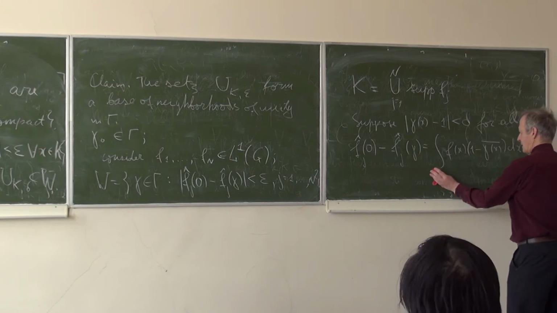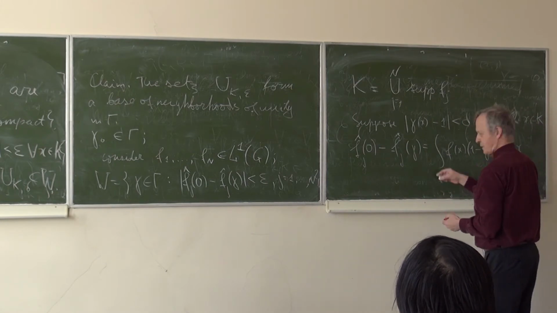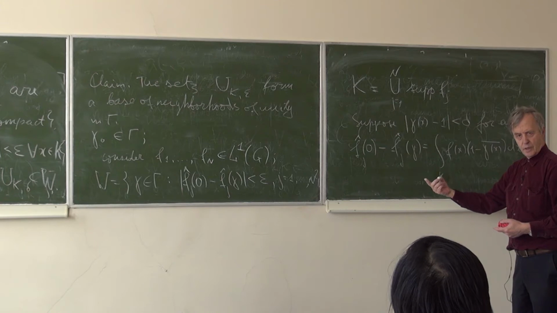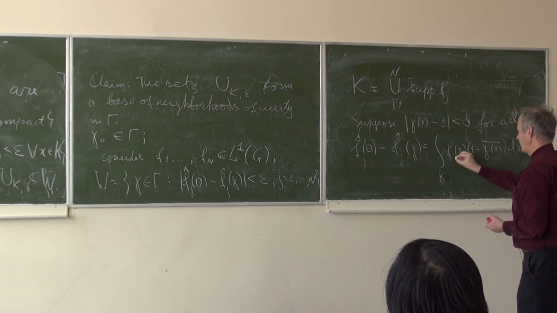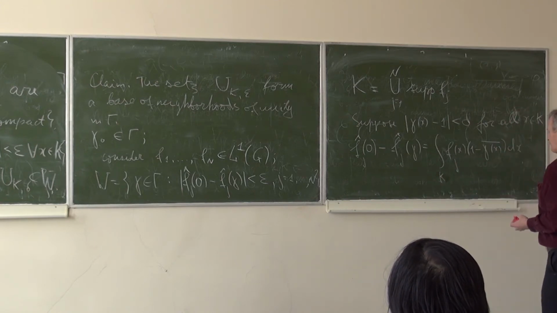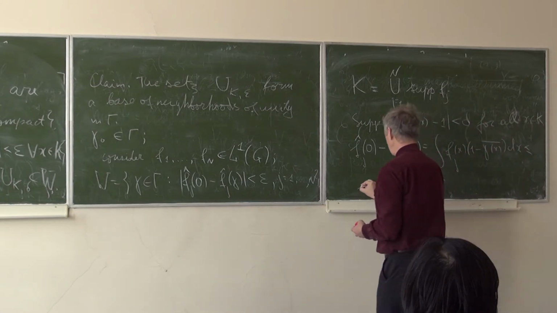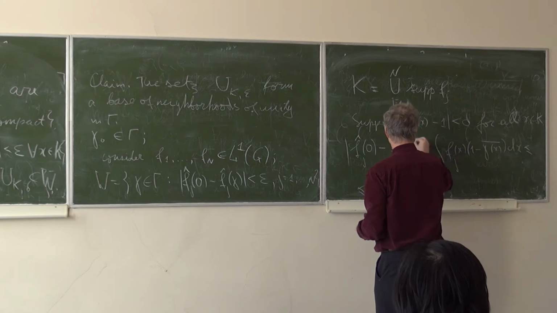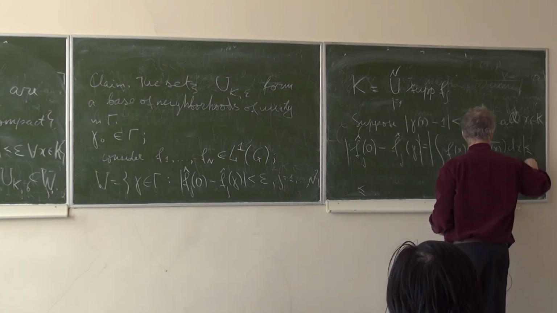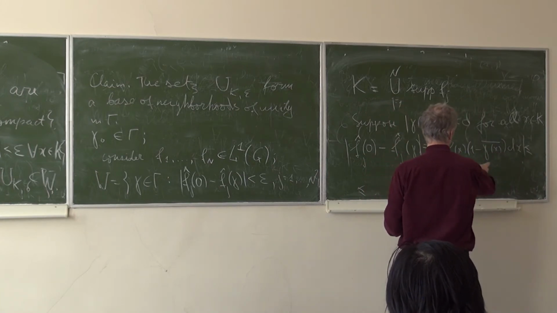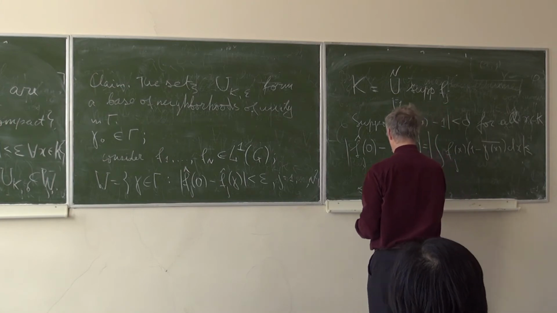And in fact, the integral is over K, because all functions fj are supported on K. And if I take the absolute values, this is at most delta.